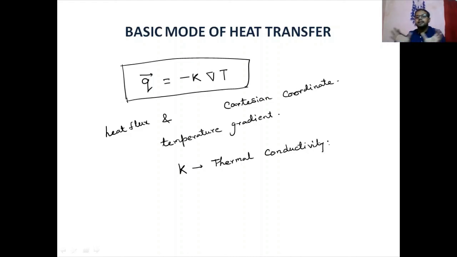This thermal conductivity creates the bridge between cause and effect. The heat flux is the effect, and the temperature gradient is the cause. This law, Joseph Fourier's heat conduction law, is known as the constitutive law.